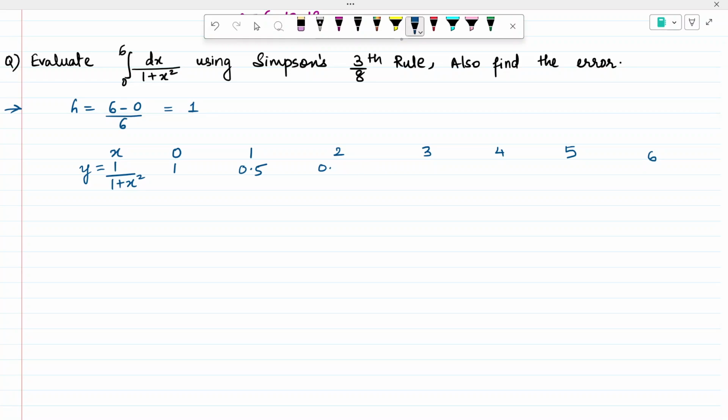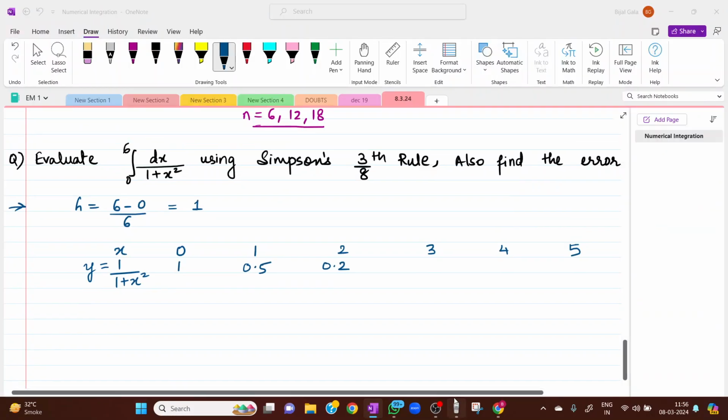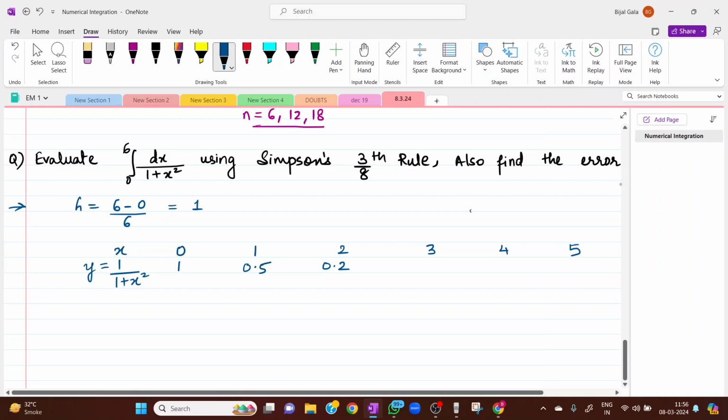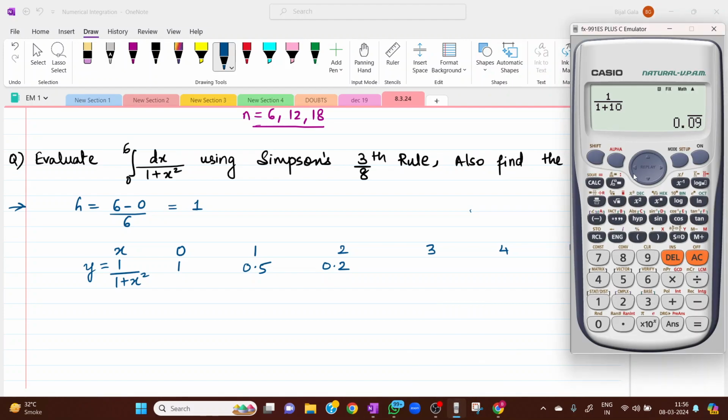So that's going to be 1 upon 5, which is 0.2. I have 1 upon 2 square, which is 1 upon 5, which becomes 0.2. The next would be 0.1.